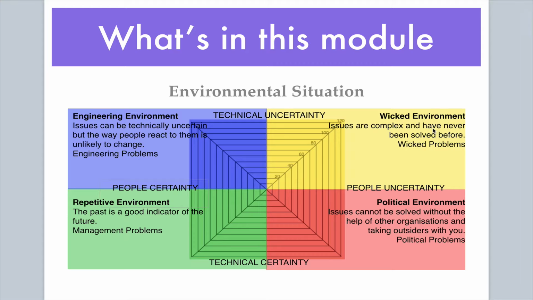They're political type problems we're trying to solve. And up in this yellow quadrant, we get what we call the wicked environment, where the issues are complex and probably never been solved before. So we have to think in quite different sorts of ways, and the environment requires much more innovation. So this chart maps quite nicely onto the previous chart.